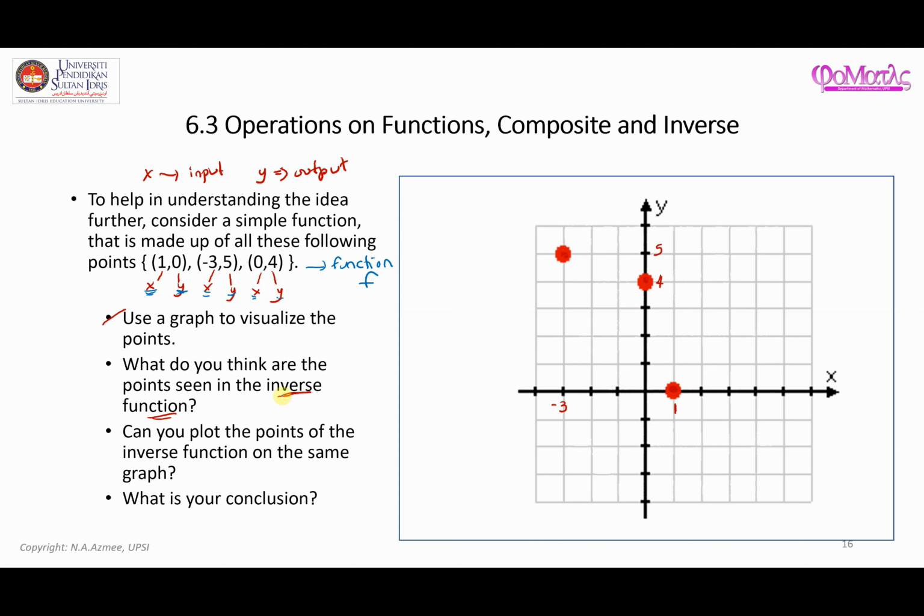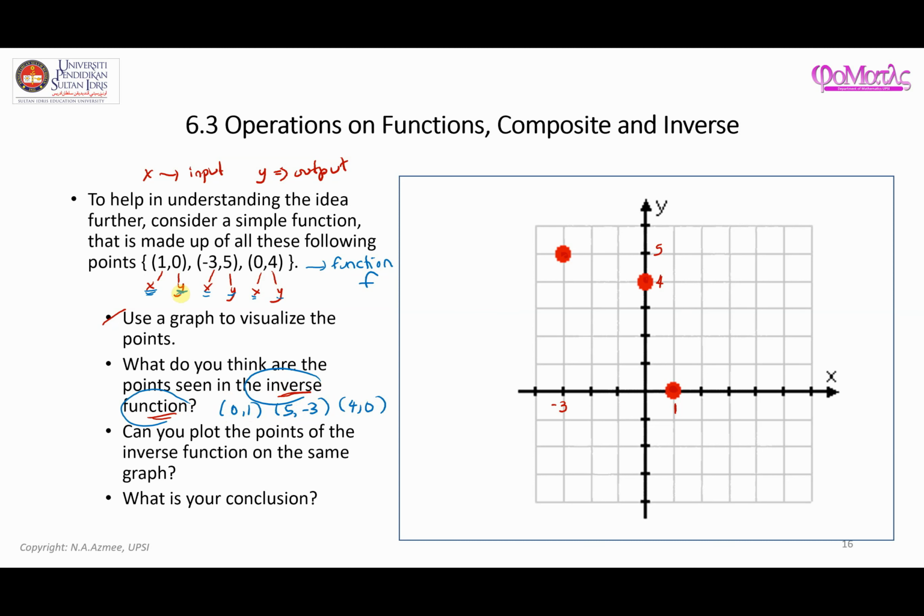So if you are interested in finding the inverse function, basically the points in the inverse function will be 0, 1, 5, negative 3, and 4, 0. Basically you are changing the position of input and output.